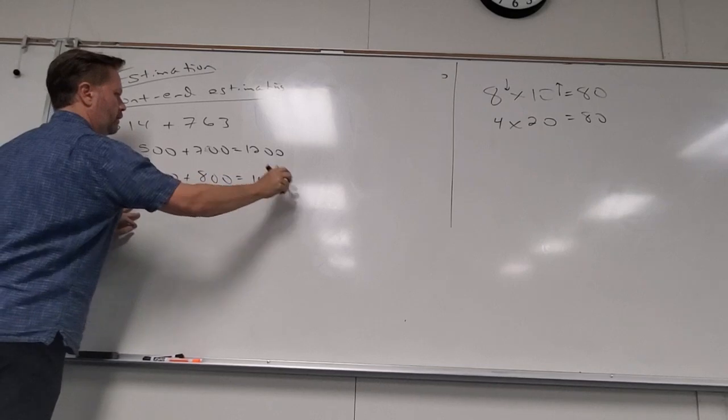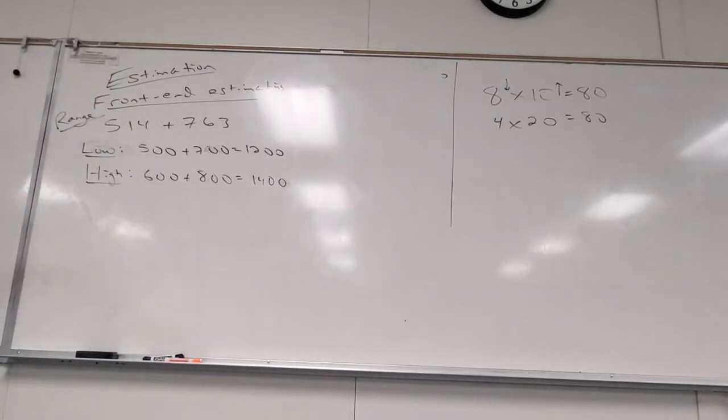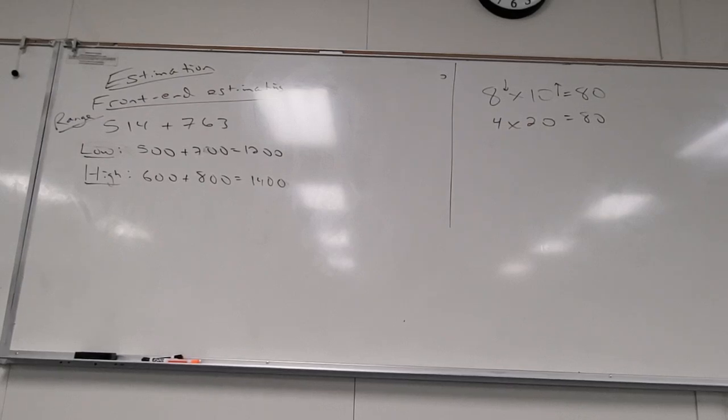Now, who can see an immediate way to improve on the range estimate? If I get the high and the low, what's one more step I could take? Can somebody give me a guess based on what we've done so far? What the answer is? Probably somewhere around 1300.